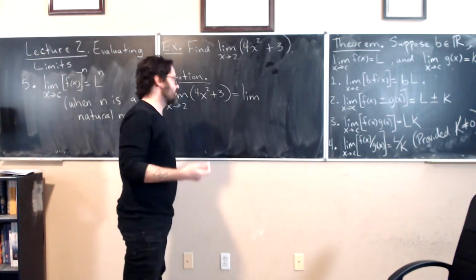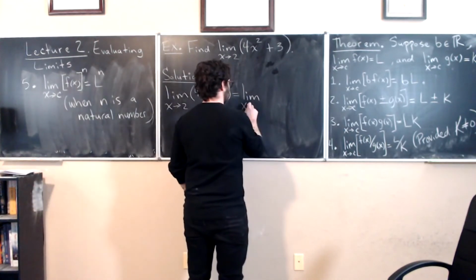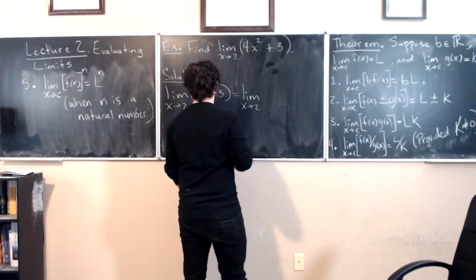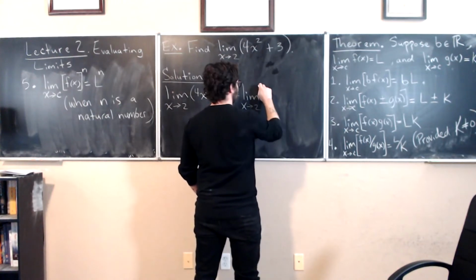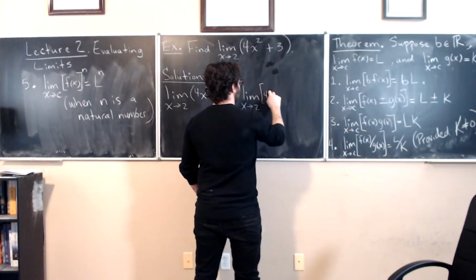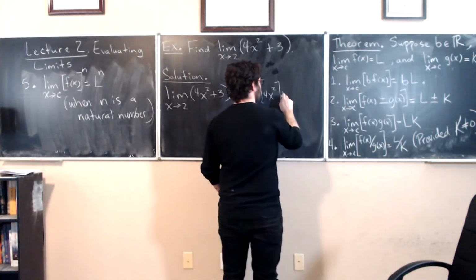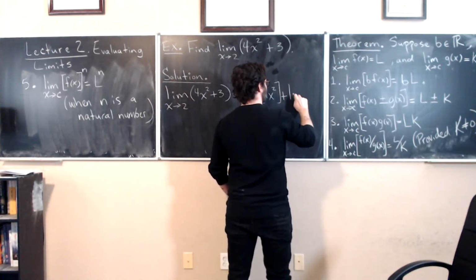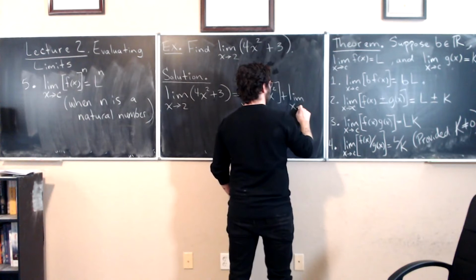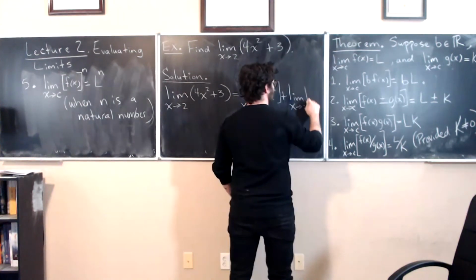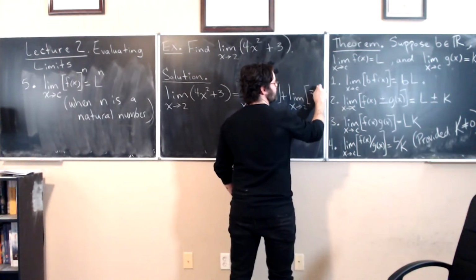That's the best way to think about it. So limit as x approaches 2 of 4x squared, that's the first term, plus limit as x approaches 2 of the constant function 3.